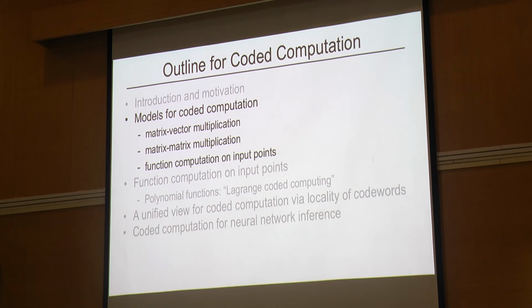And then I'll talk about a unified view of all these different approaches based on what is called the locality of code words. This is a recent work that we had. And then end with looking at coded computation for neural networks, for example if you have machine learning inference.